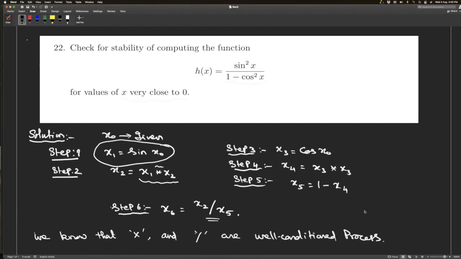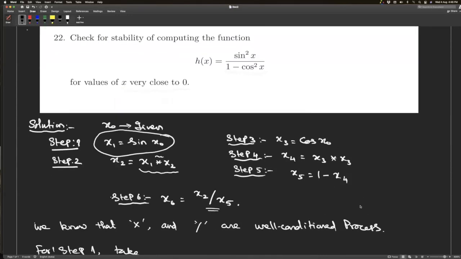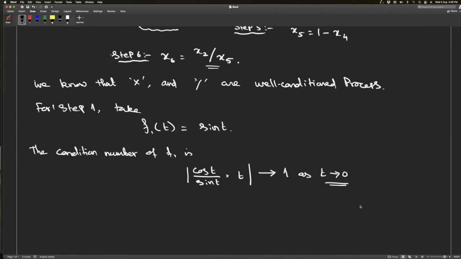It means we want to give x very close to 0 and see how our computer will evaluate the value of h at that point. Therefore our interest is very close to 0. That is why we are always trying to take the limit as t tends to 0. And since this is something which is bounded nicely, therefore we will declare that step 1 is well conditioned near 0.